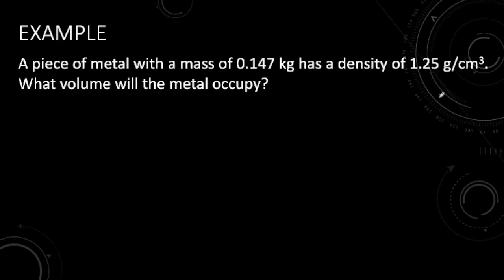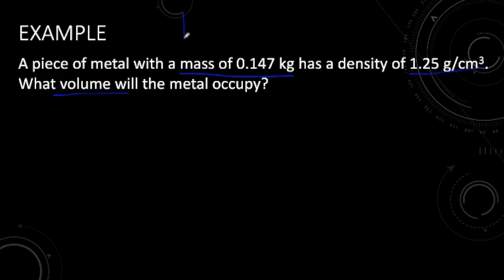All right, let's look at an example to see how we can use our equation for density to calculate an unknown. This example says we have a piece of metal with a mass of 0.147 kilograms, and that metal has a density of 1.25 grams per centimeter cubed. This asks, what volume will the metal occupy?